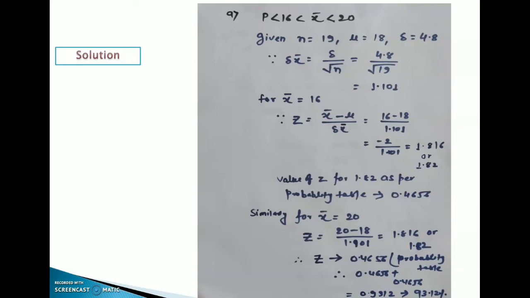Now pay attention to question A: x bar is 16 and 20. That means the sample mean is 16 and 20.